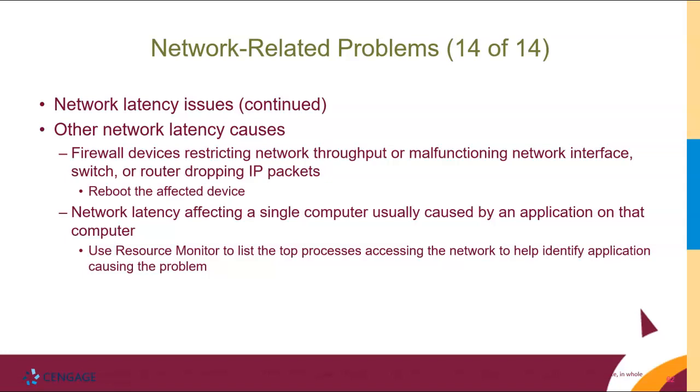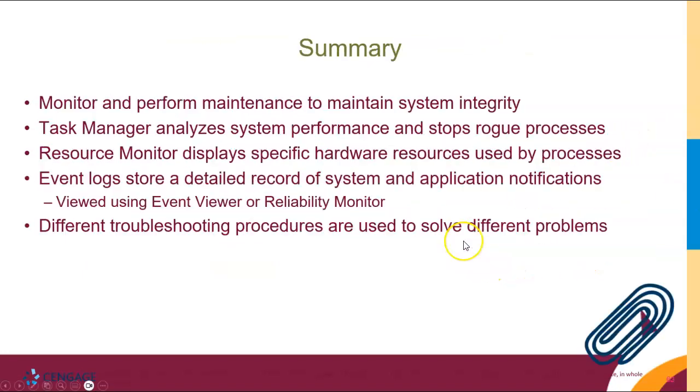Network latency affecting a single computer is usually caused by an application on the computer. So use Resource Monitor to list the top processes, or Task Manager, accessing the network to help identify the application causing the problem. So the first thing is trying to isolate the problem and then move on to trying to fix it.